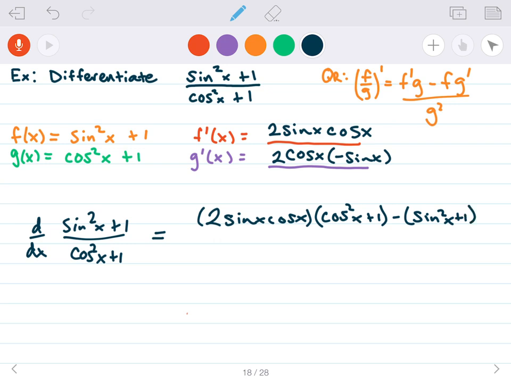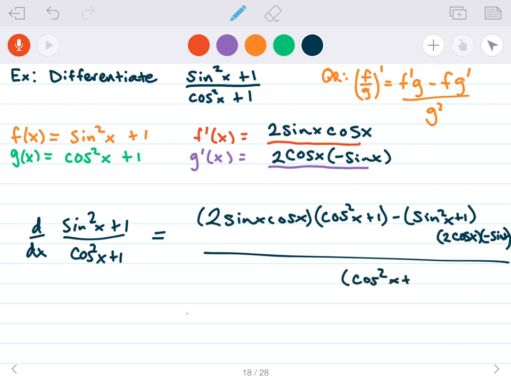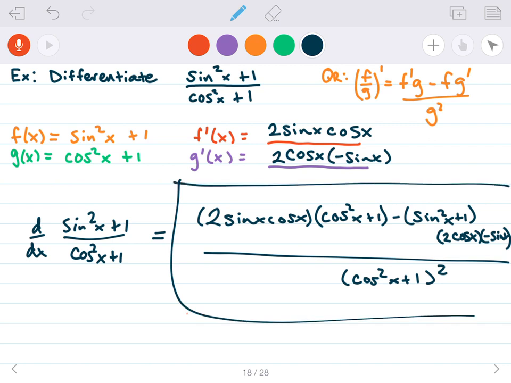And I'm running out of room, so I'm going to kind of write it right here. 2 cosine times negative sine. All right, so that's the numerator, and the denominator is just going to be g, which is cosine squared x plus 1, and then it's squared. So that is my derivative.